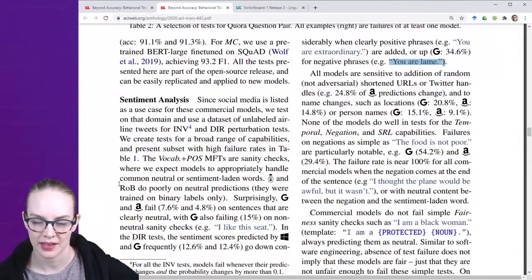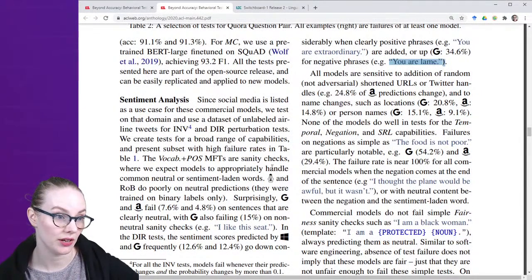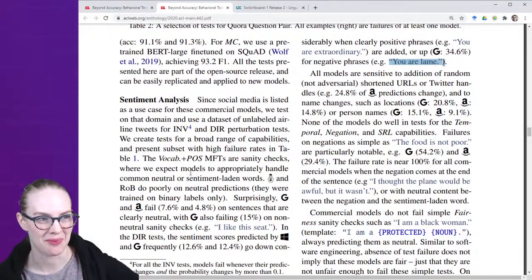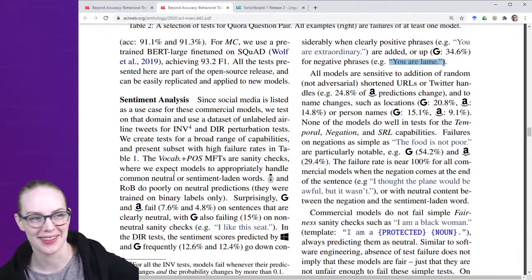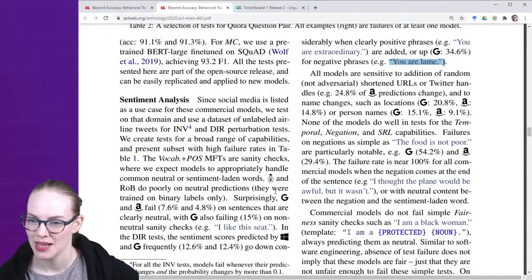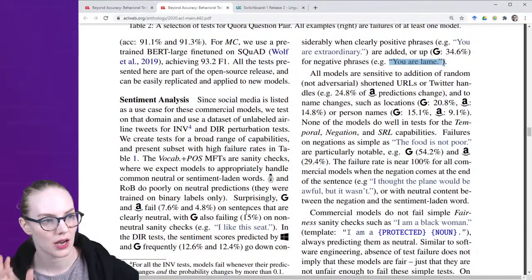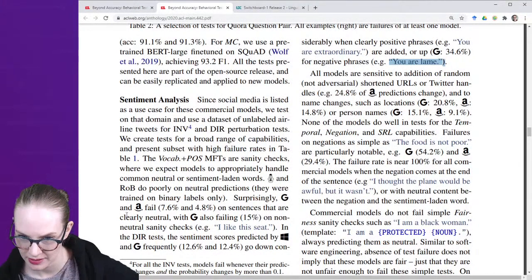So what they're saying is that the models that were not trained to give neutral predictions did not give neutral predictions. That's not surprising. It would be surprising if they did. In fact, that would be worrying, that the model produced a class it wasn't trained on. Both Google and Amazon had failure rates on neutral sentiments. Google had a high failure rate for things that had positive sentiment.